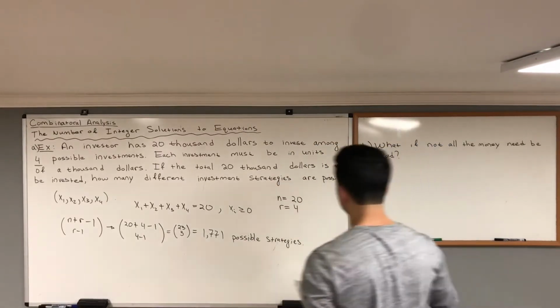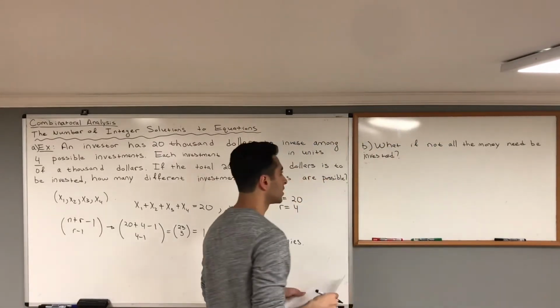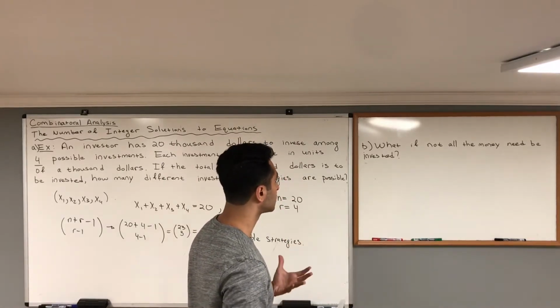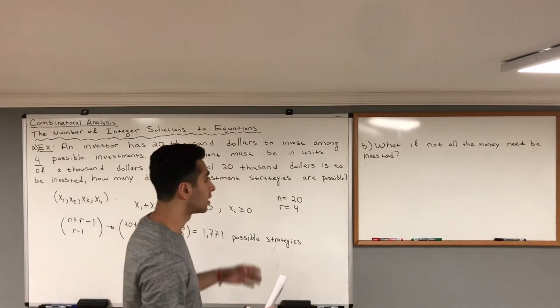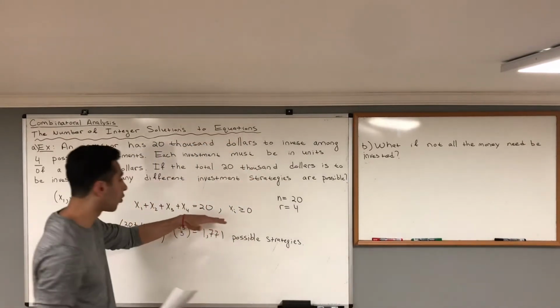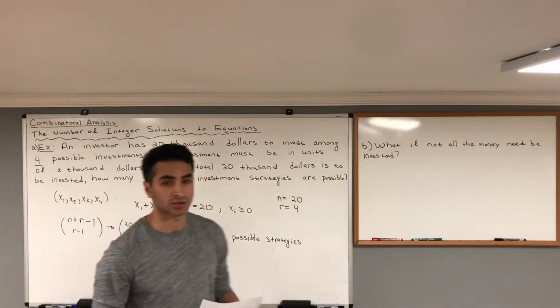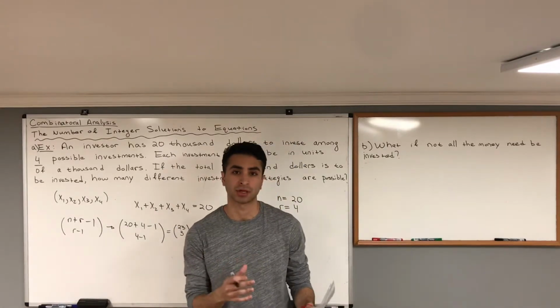Okay, and part B for this question says, what if not all the money need be invested? So he doesn't have to put in any money. He doesn't have to put the whole $20,000 into his investments. He could leave aside some money.